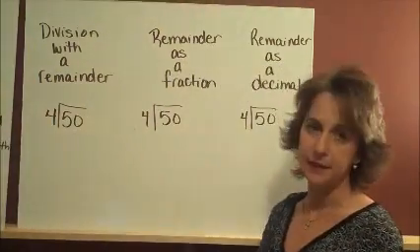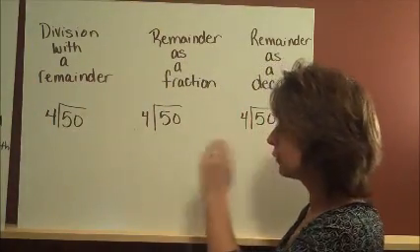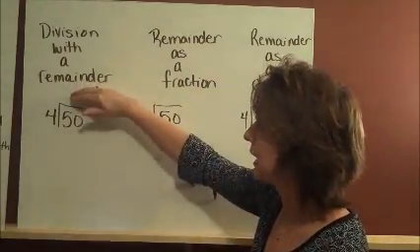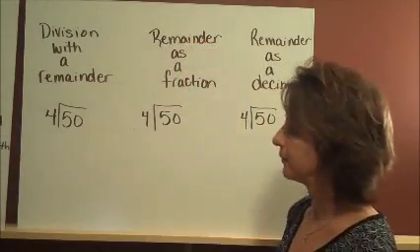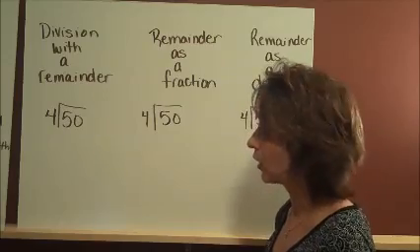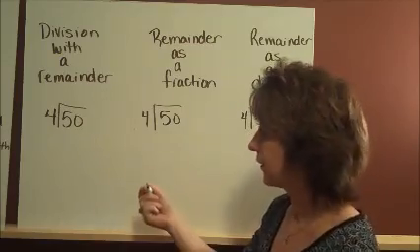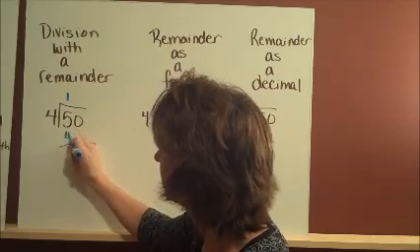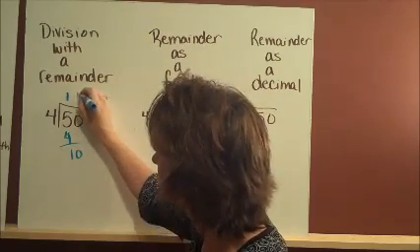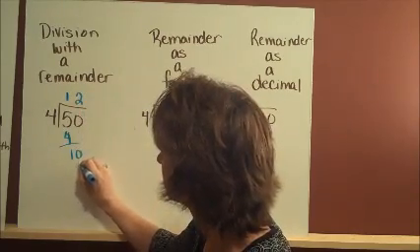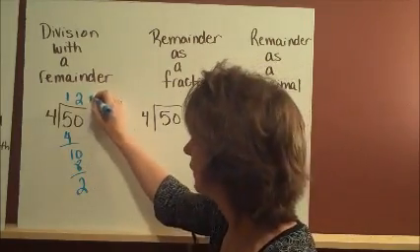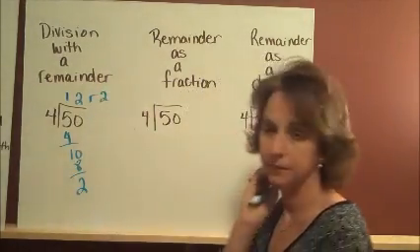Here is 50 divided by 4, written 3 different times, but this time the only thing that's going to change is the remainder. In the past, when you have solved a problem 50 divided by 4, your answer may have looked something like this: remainder 2.